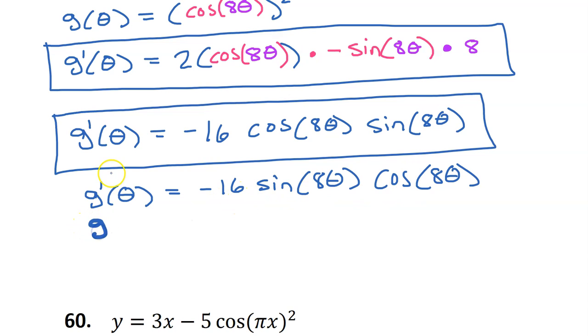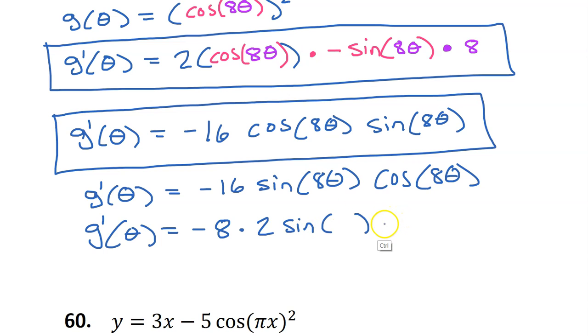So I'm going to do that real quick. So I could write this as g prime is equal to negative 8 times 2 sine cosine.